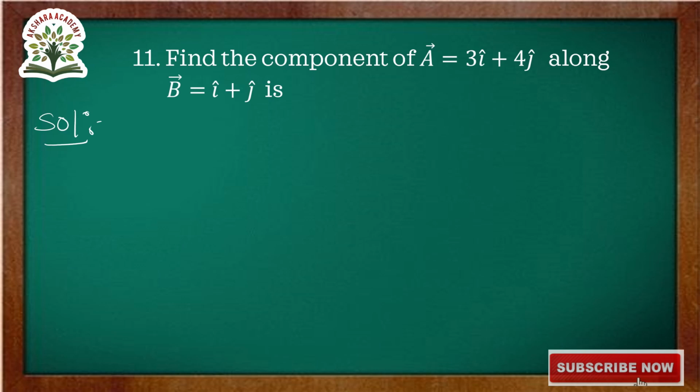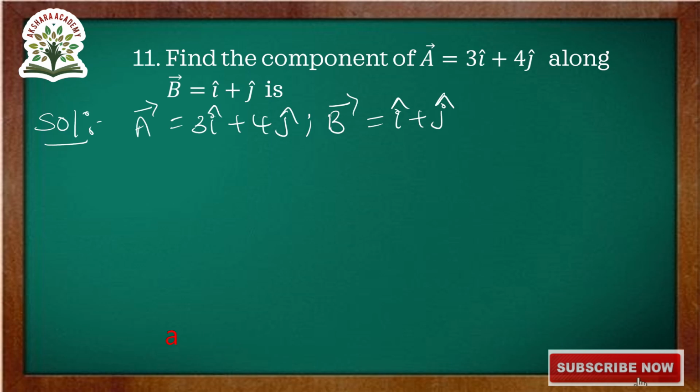Here given A bar is equal to 3 I cap plus 4 J cap and B bar is equal to I cap plus J cap.